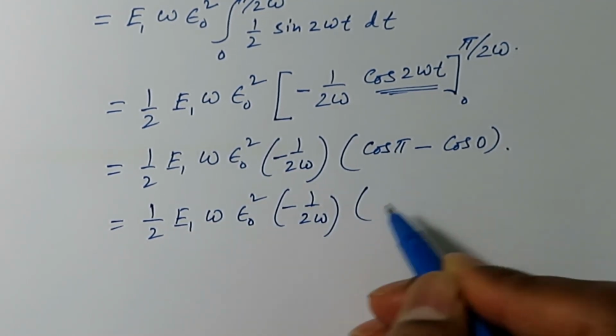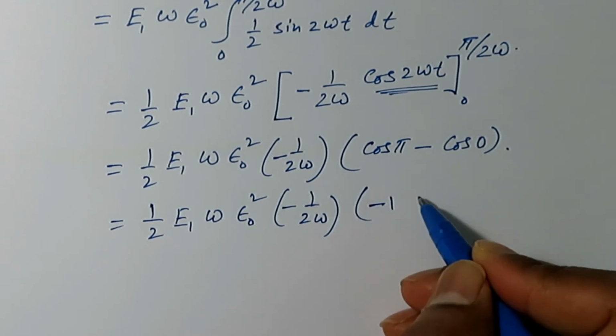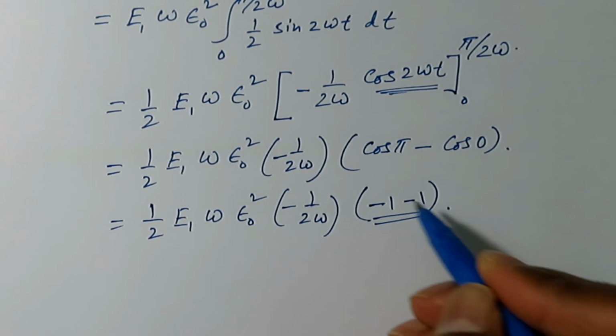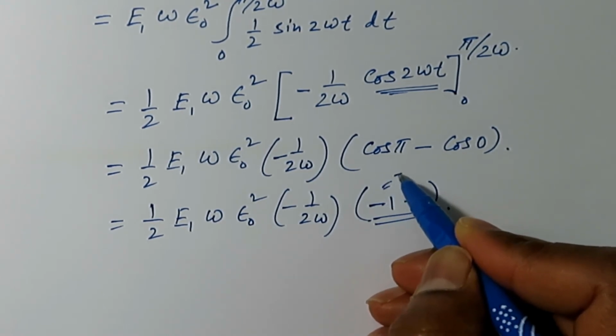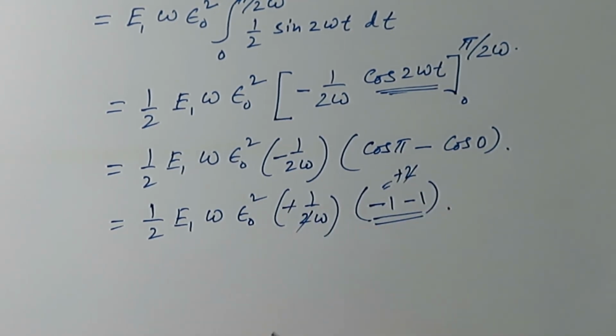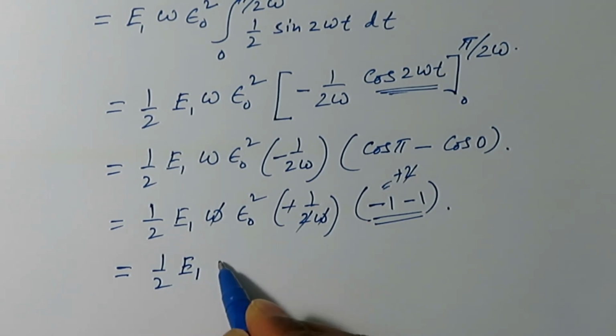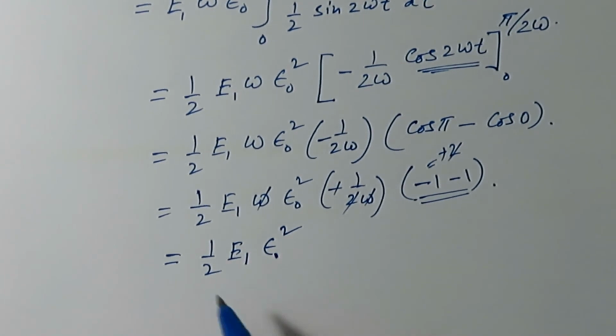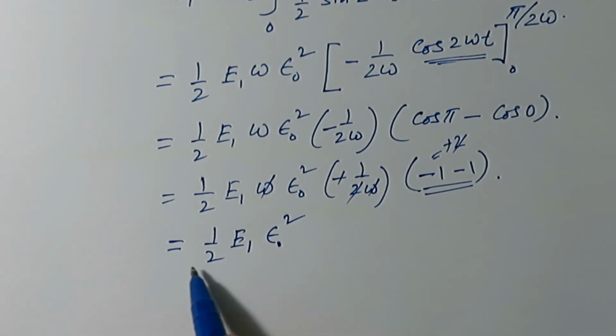And this will be minus 1 and minus 1. So this becomes minus 2. So 2 and 2 get cancelled out, the negative gets cancelled out, omega gets cancelled out. So now we have got the final equation as half E1 epsilon naught square. This is the energy storage, the maximum energy storage in the system.